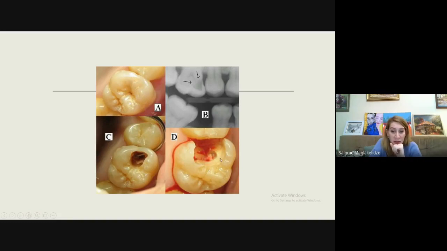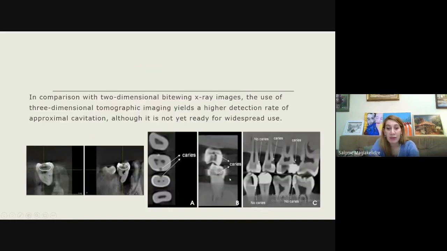So here is a clearer view of it, and you could see that the pulp chamber is already opened. As I said, it is already at the horn of the pulp here.